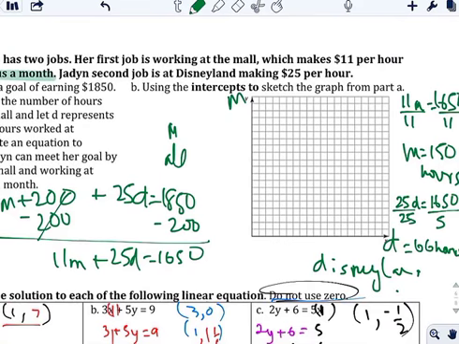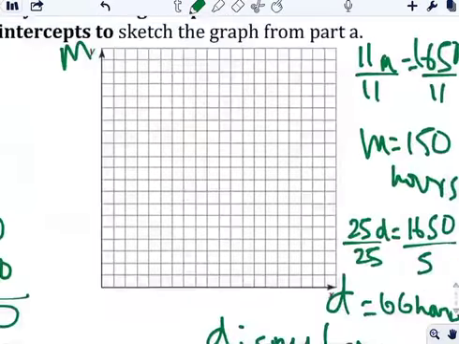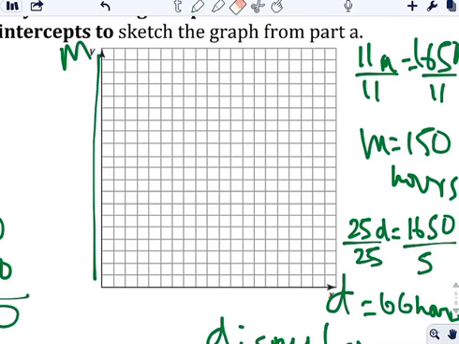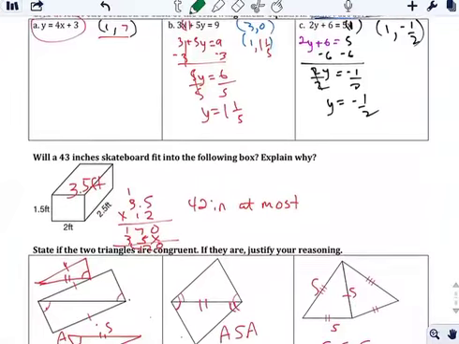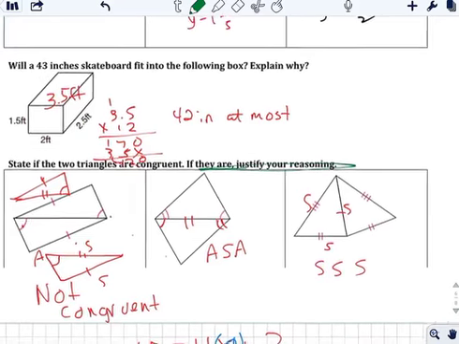Okay, so because Disneyland went to 66 hours and the other went to 150, number the graph correctly. So I do by threes. No, I do by fives. And then this one by tens. Okay, so this will be 20, 40, actually this would be 60. And then you graph it, okay? I think most of you should know this. And these here, I didn't put any letter to justify your answer, so that's okay.